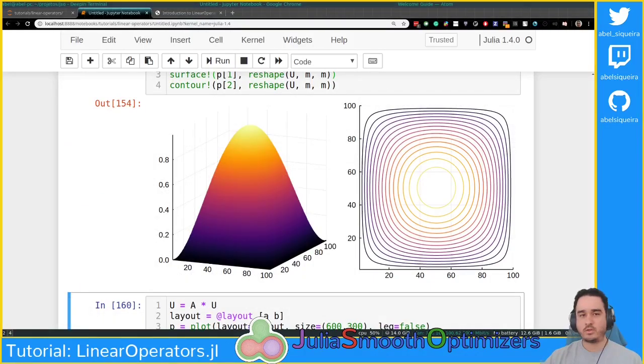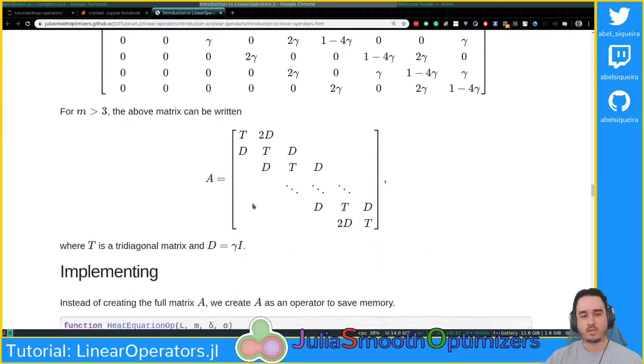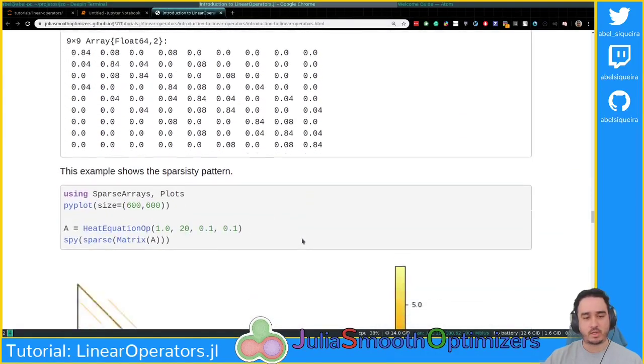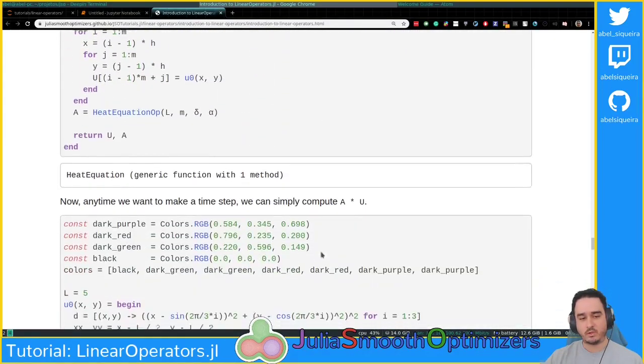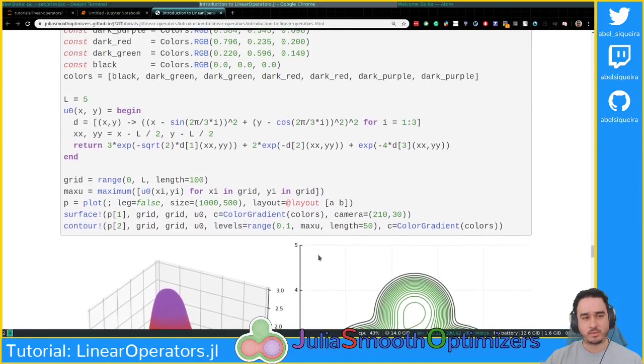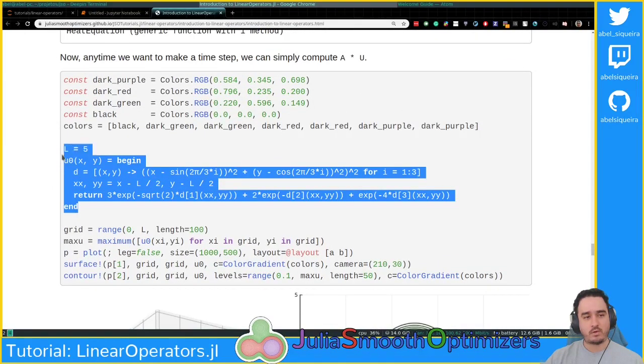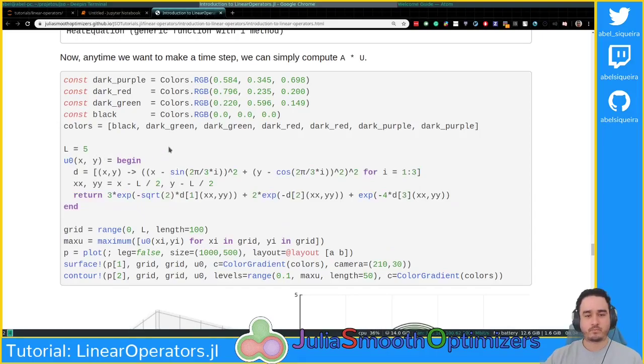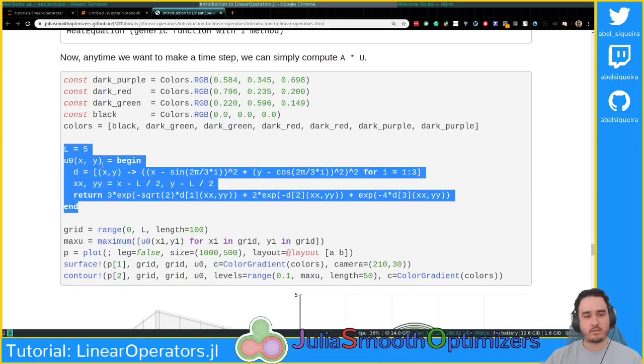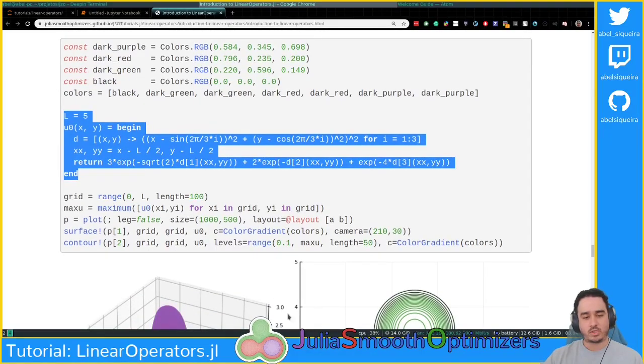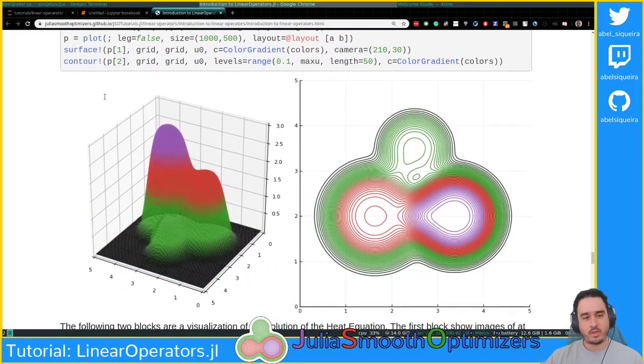So if you look into the site, you can see that I completed with another example here, which was a little bit more interesting for the JuliaSmoothOptimizers organization. I create a function that is very specific for JuliaSmoothOptimizers, which is our logo. And here's the starting condition, which is again our logo.